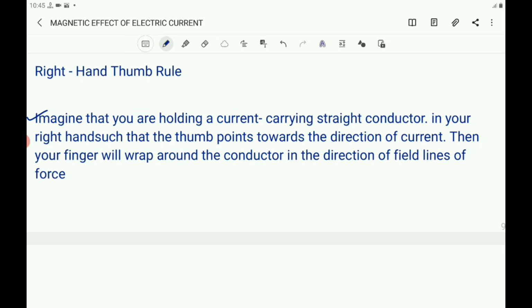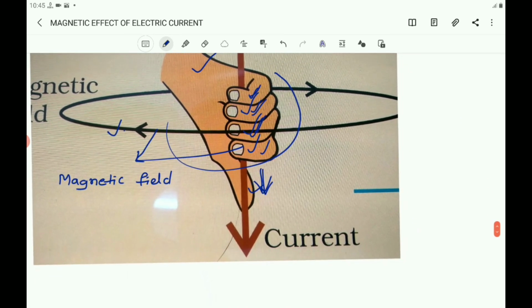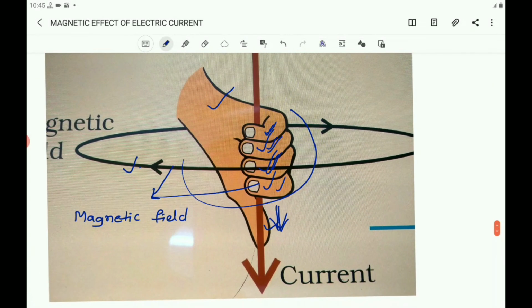Then your fingers will wrap around the conductor in the direction of field lines of force. And you draw the figure here. From the examination point of view, you must keep this in mind and also you must know the figure.